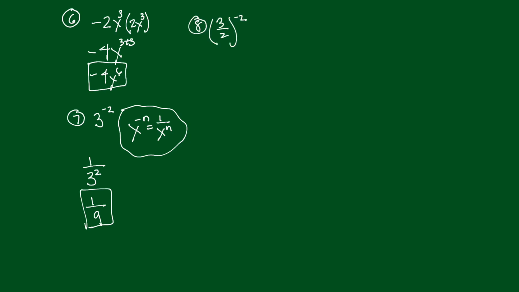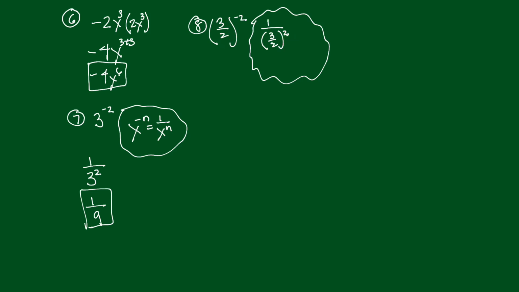Now, number 8, I've got a number to a negative power. In this case, I'm going to show you what happens here. I get 1 over that number to the positive power, right? Here's the rule. If you have some number to a negative power, just take 1 over that number and change the sign of the power to positive. So I get 1 over 3 halves, but change the negative 2 to a positive 2.